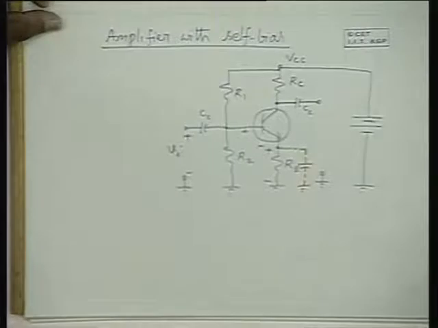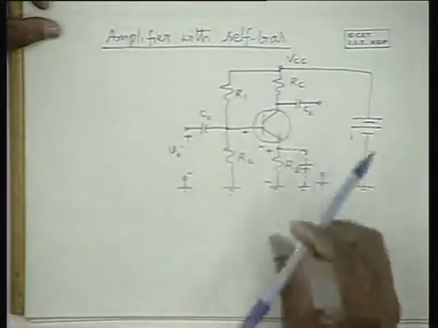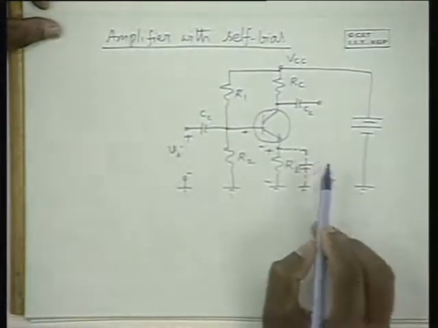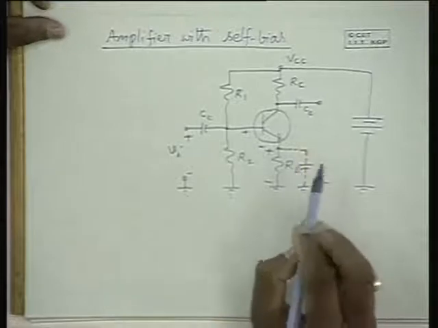To reduce this problem of reduced gain through Re, we can include a bypass capacitance here, an emitter bypass capacitance. So what is the advantage?